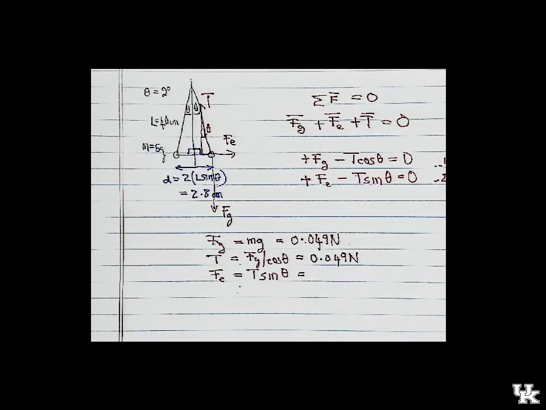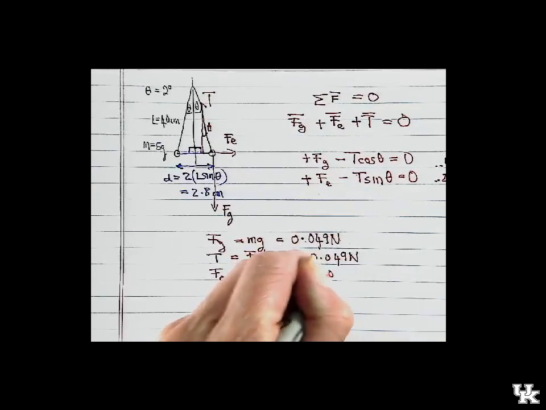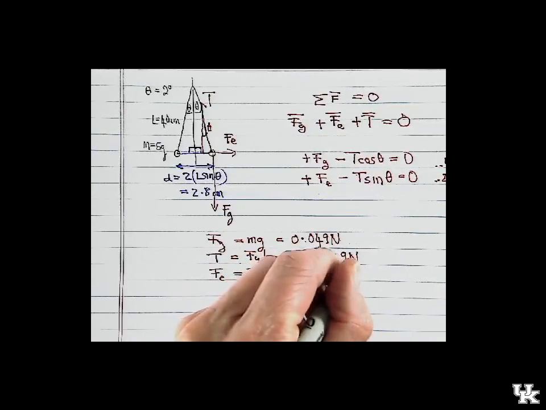Sine of a small angle like 2 degrees is just a little bit bigger than 0. So now instead of cosine being nearly 1, sine is going to be nearly 0. It's this very small number. And again, I'm not going to fill in the numbers because we can't see what I'm writing anyway. And the answer I calculated was 0.0017 newtons.